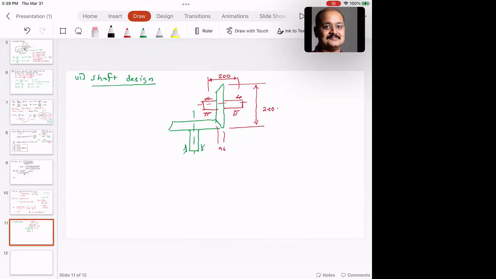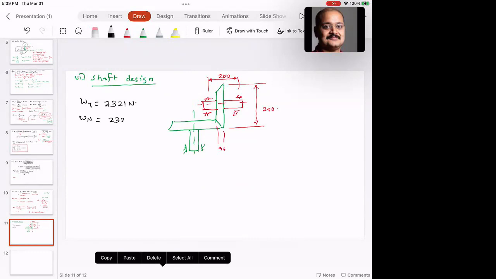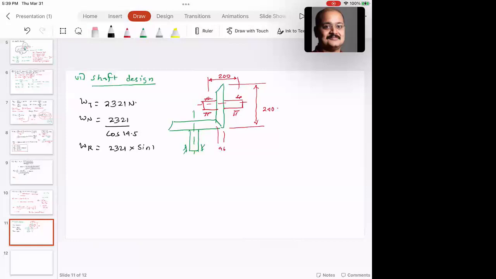And with that, WT is equal to 2321 newtons. Wn is equal to 2321 divided by cosine of pressure angle 14.5. Wr is equal to 2321 multiplied by sine 14.5.